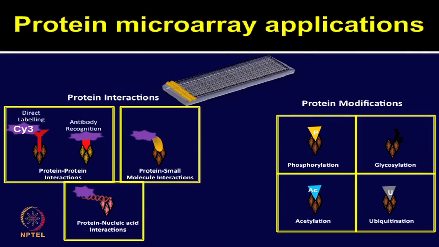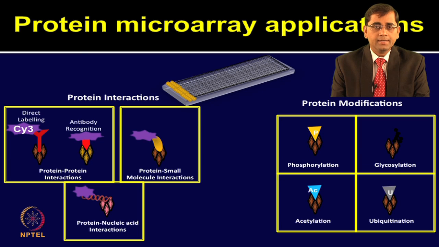Protein microarrays have been widely used for biomarker identification and protein-protein interactions, as well as different type of protein modifications. As you can see in the slide, the protein interaction network, transcription regulation, DNA damage repair, antiviral response, drug target identification are various type of applications which researchers have tried using protein chips.